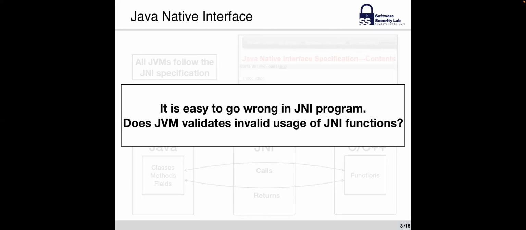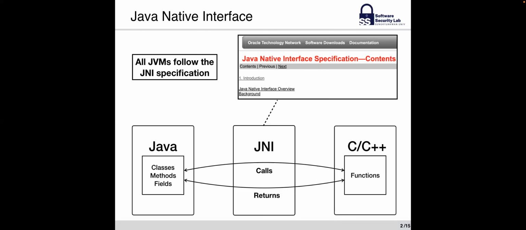Even though JNI gives some benefit to developers, it is not easy to develop a correct JNI program because of the interaction of two different programming languages. As you can see here, if we develop a program using JNI, we have to use Java and native code, and these two different programming languages are connected through JNI. This is not simple, it's a complex task, because these two languages have different syntax.